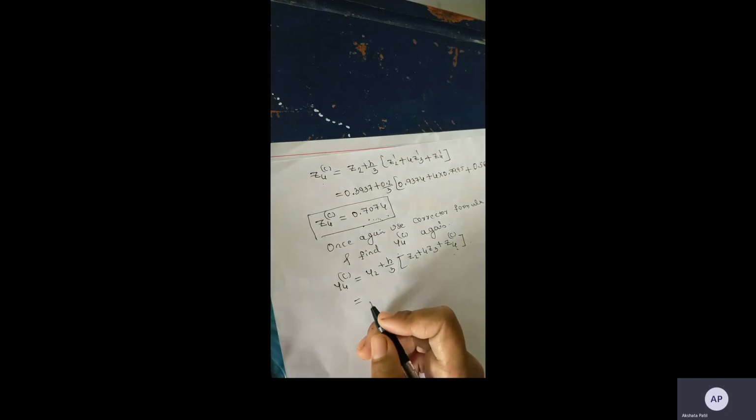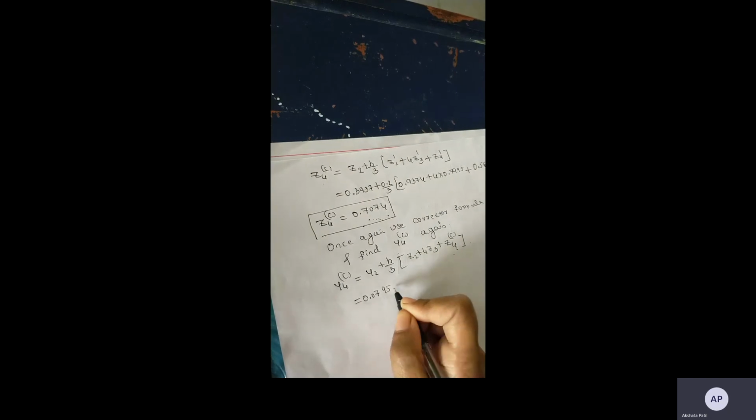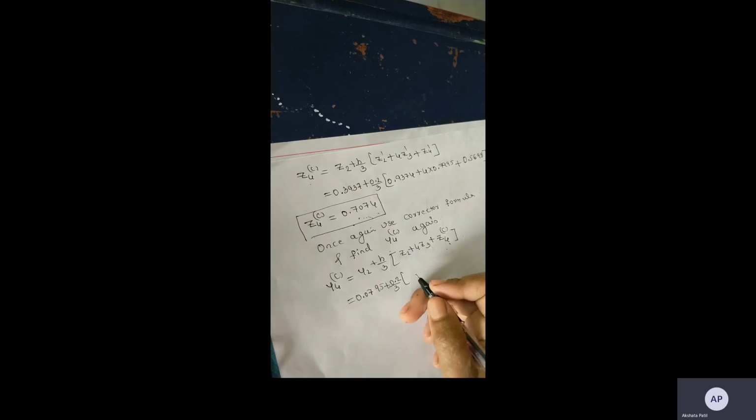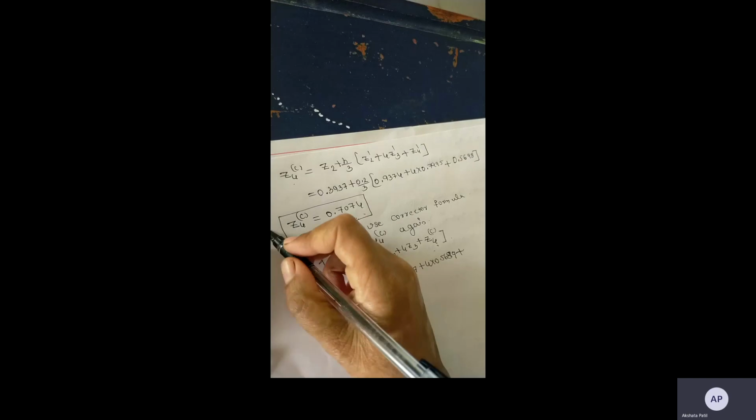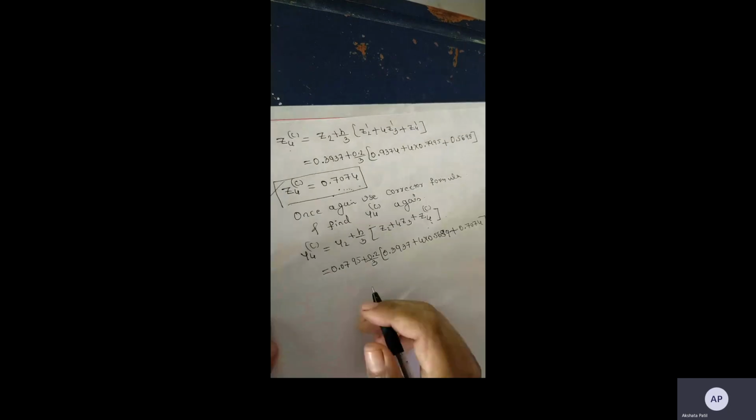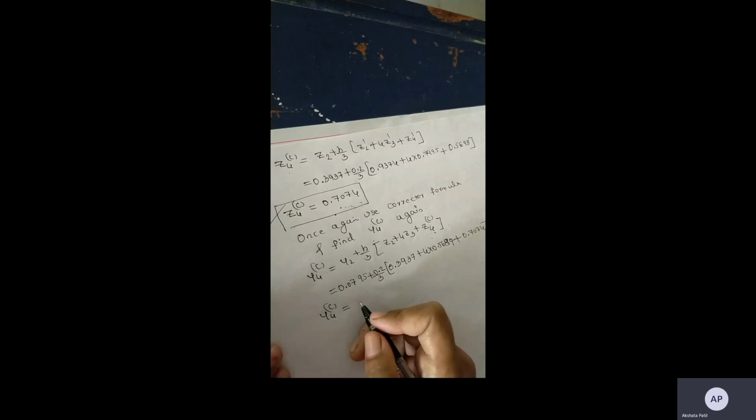The y2 value is 0.0795 plus h is 0.2 divided by 3, and z2 is 0.3937 plus 4 into the z3 value 0.5689 plus the z4 of corrector value, 0.7074, and calculating the y4 of corrector value once again, we will get 0.3046.